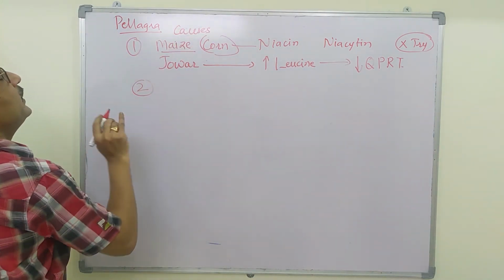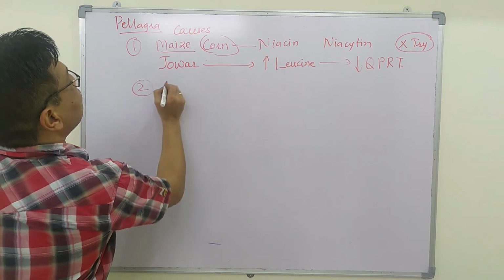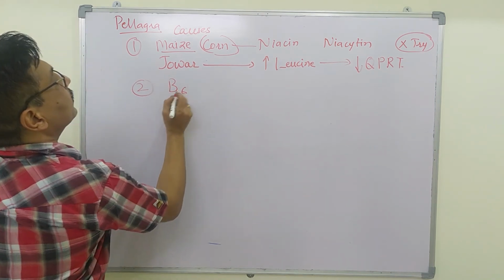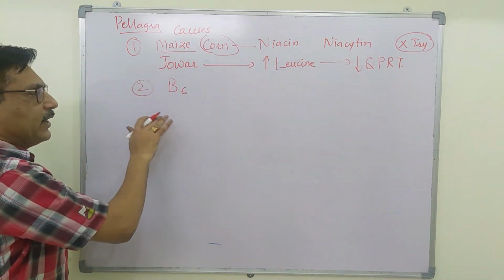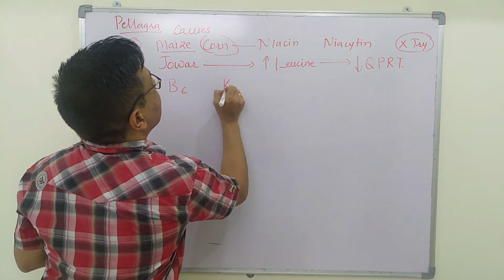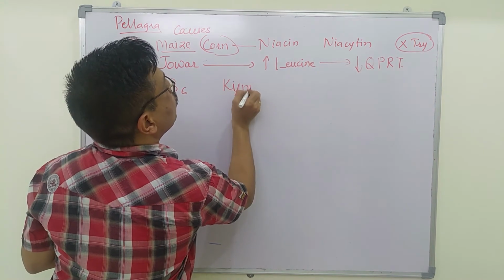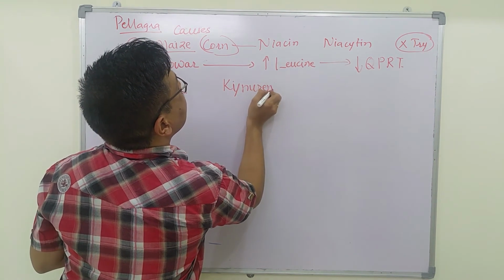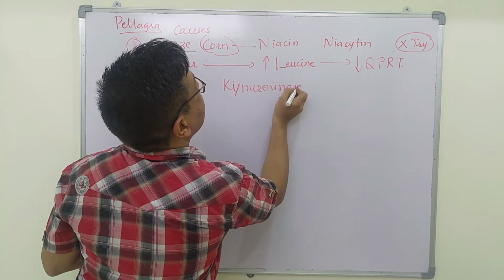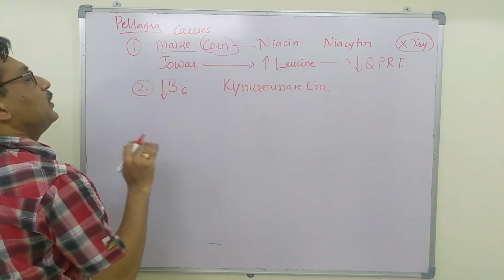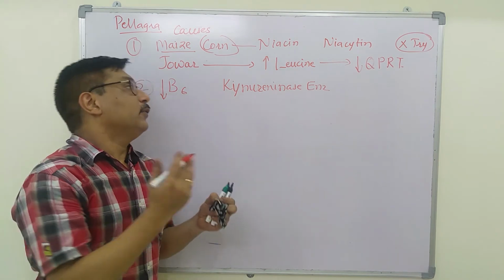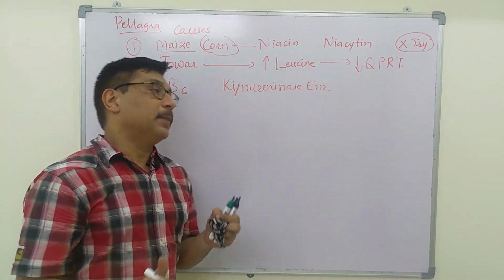Second one, we have already seen that vitamin B6 is required for conversion of tryptophan to niacin. This is for the kynureninase enzyme. So whenever there is decrease in vitamin B6 in the diet, it will also lead to symptoms of pellagra.